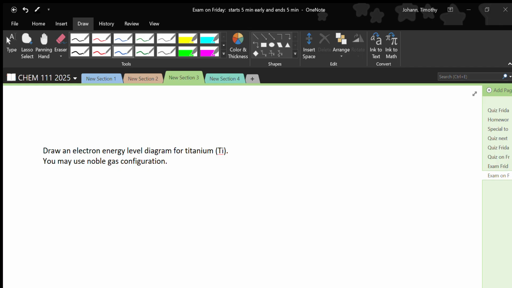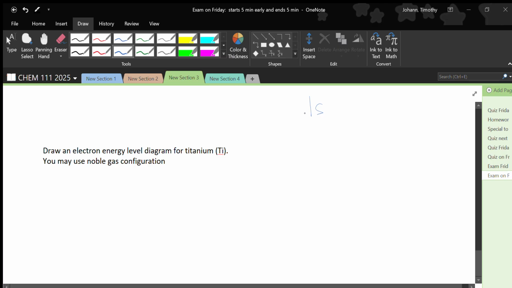What I want to do is remind you of this little thing to help us remember what order these orbitals come in, in terms of energy.